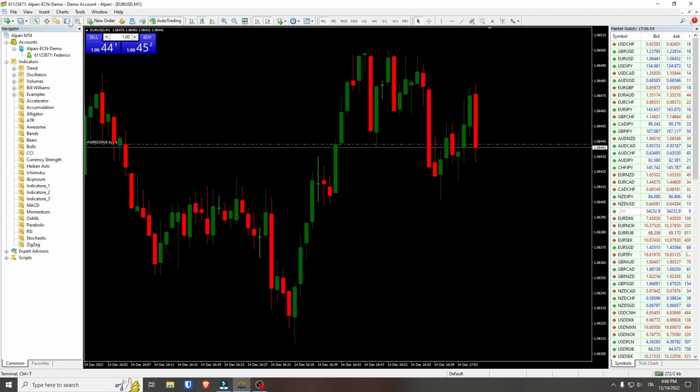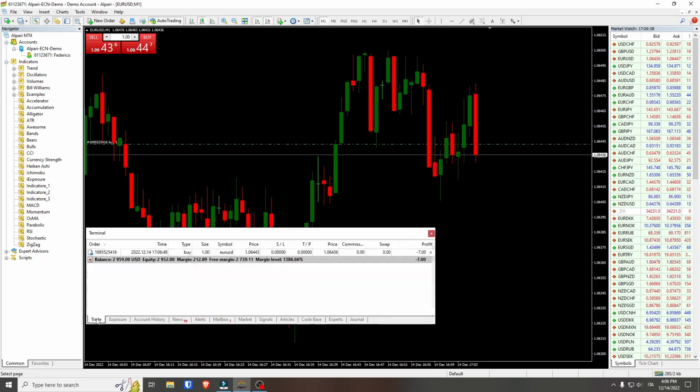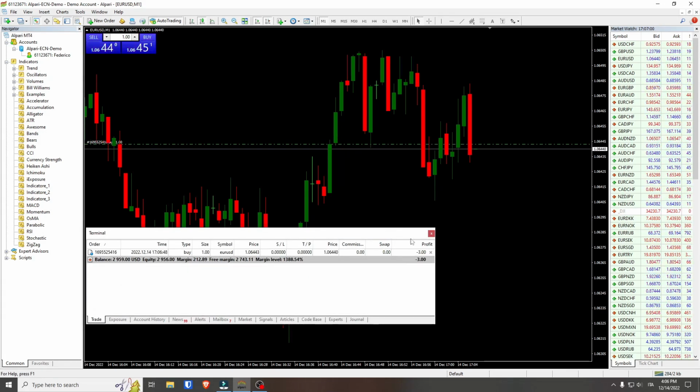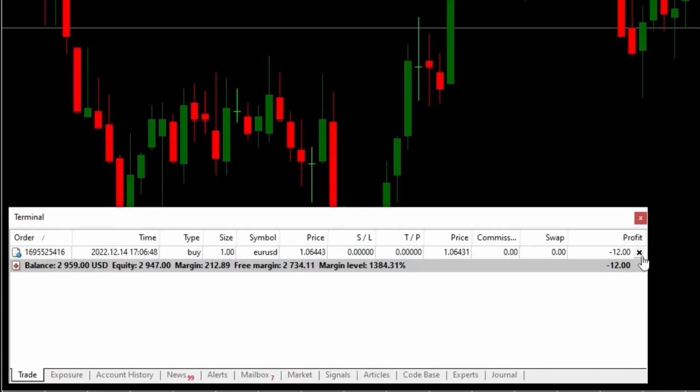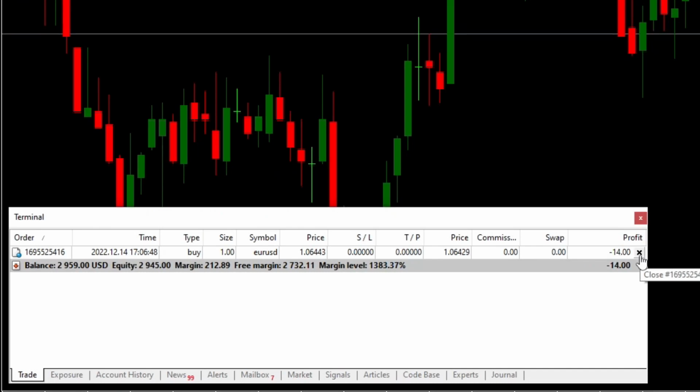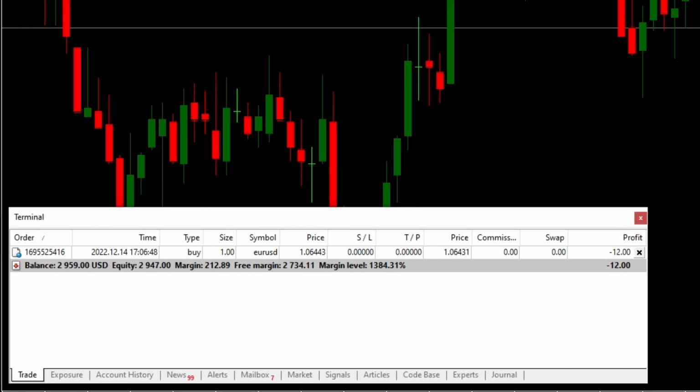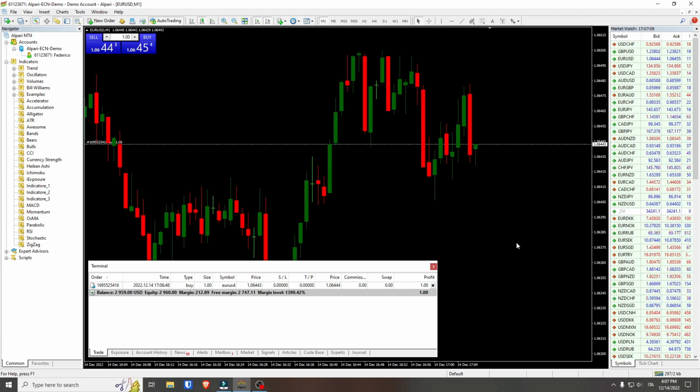If I go to the terminal, I can see right here my order. If I click here, the order will be closed. And now, before opening an order, of course, I have to know why I'm opening an order right here and where I'm going to close the order in profit or with a loss.